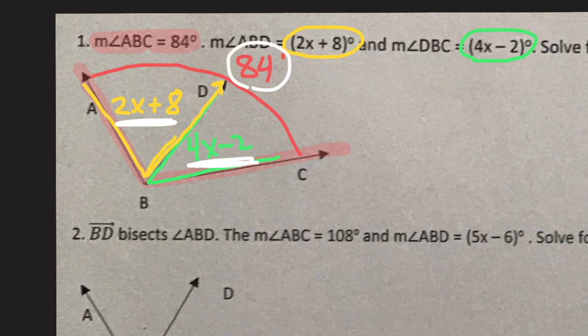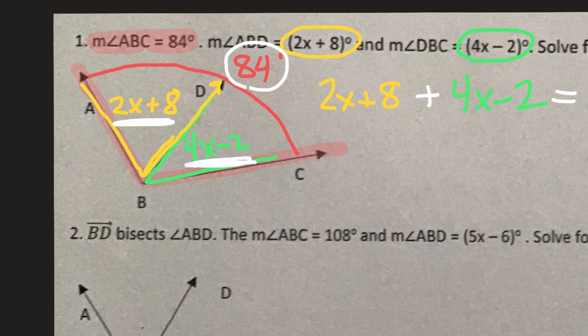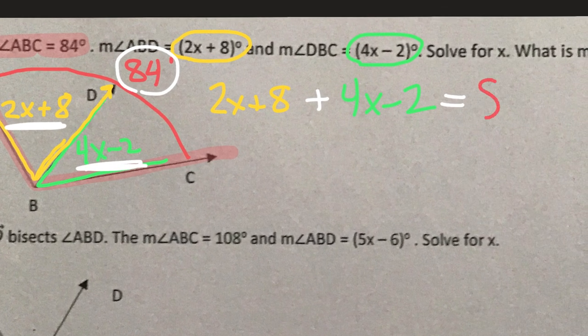Algebraically that would look like 2x plus 8 plus 4x minus 2 equals 84.